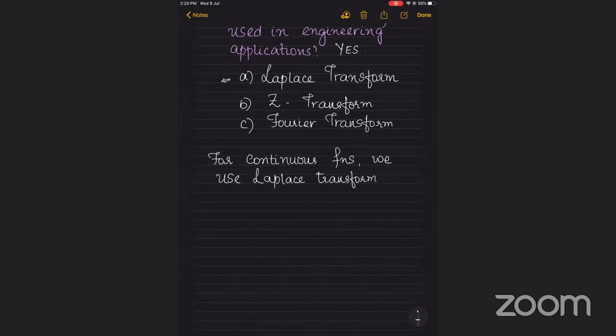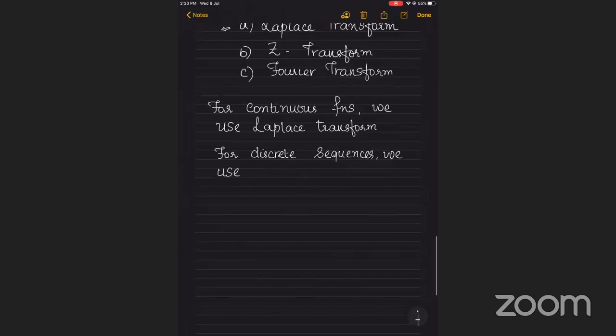For discrete sequences, we use Z transform. And for both discrete and continuous, we have Fourier transforms.